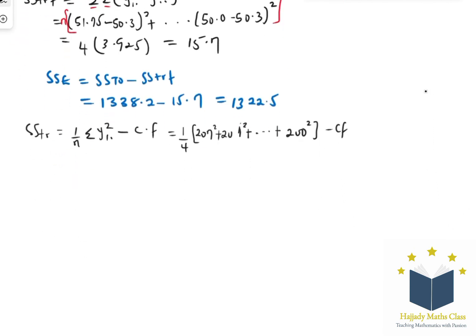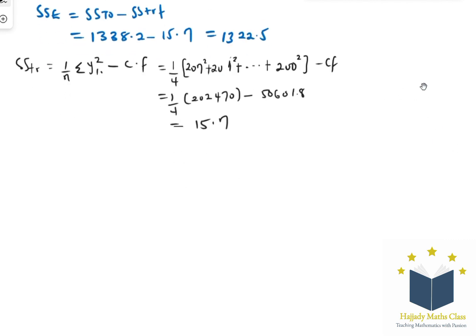So here, I'm going to have 1 over 4 multiplied by 202,470 minus the correction factor, which is 50,601.8. Finally here, I'm going to have 15.7, which is the same as the previous one we got.